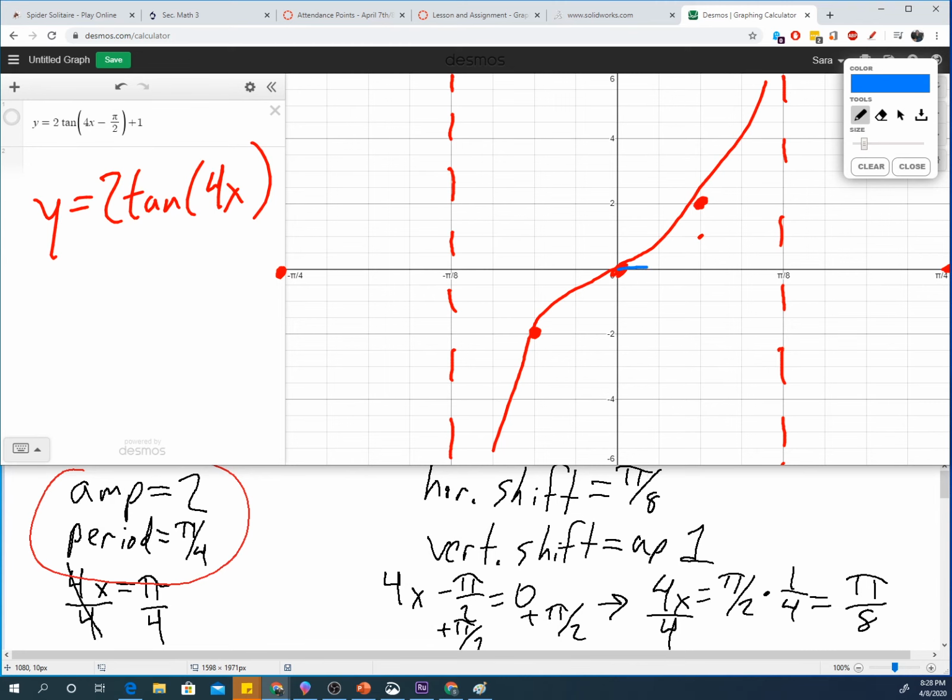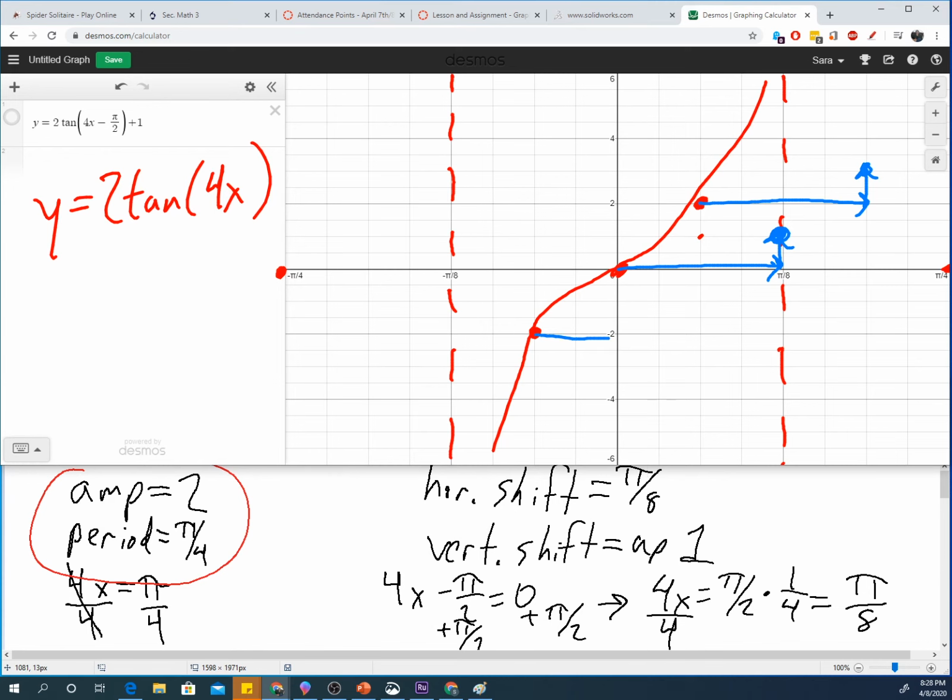So this point here goes over pi/8 and up 1. This point goes over pi/8 and up 1. This point goes over pi/8 and up 1. And your asymptotes will just move over by pi/8.